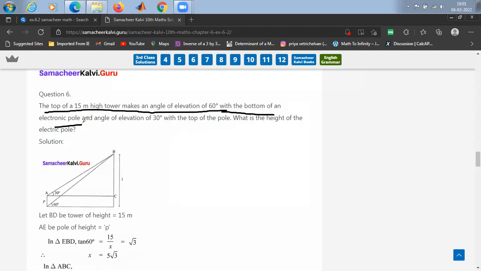Do you have a diagram for this question in your textbook? No. Can you please send that? No, I don't have any diagram actually. I don't understand the diagram. Just a second. The top of a 15 meter.